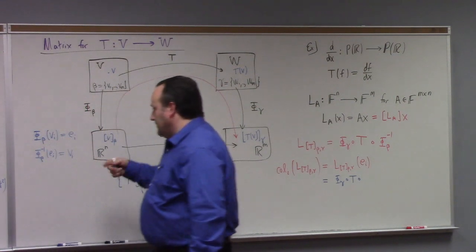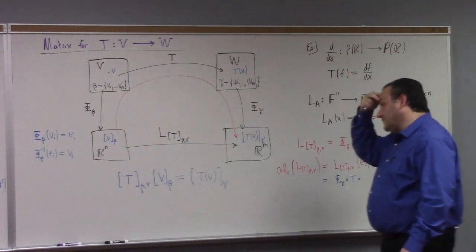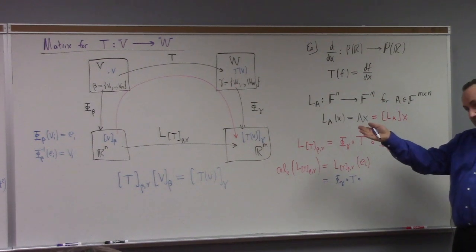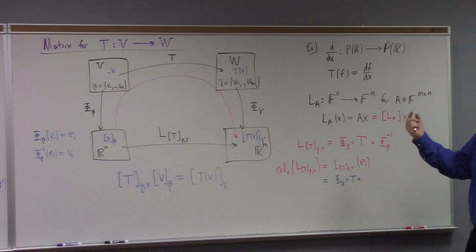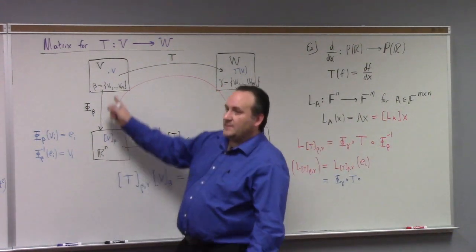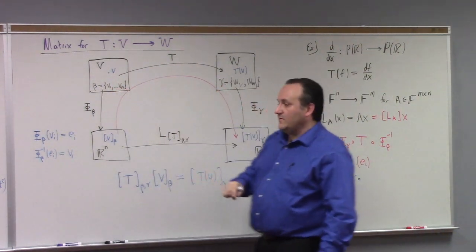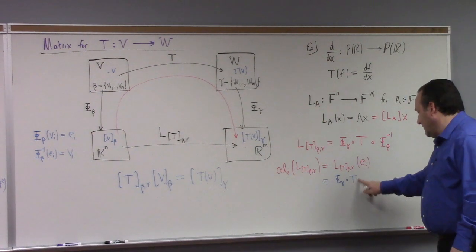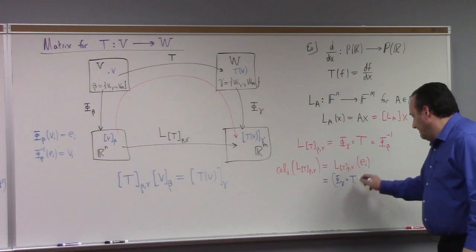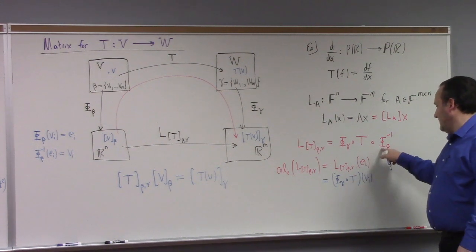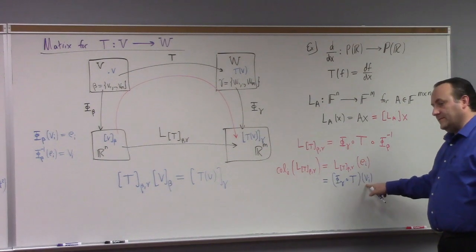The coordinate map trades the abstract basis for the standard basis. The inverse goes the other way. To each standard basis element down here, it assigns the abstract basis element up here. So when I look at phi beta inverse of e i, I get nothing more than v i.